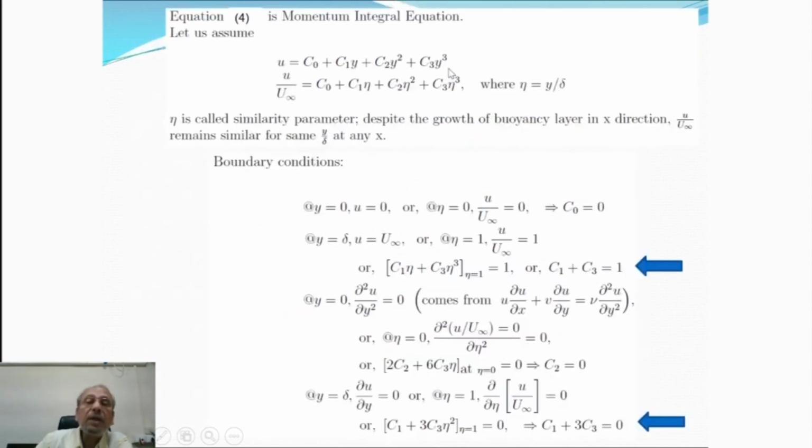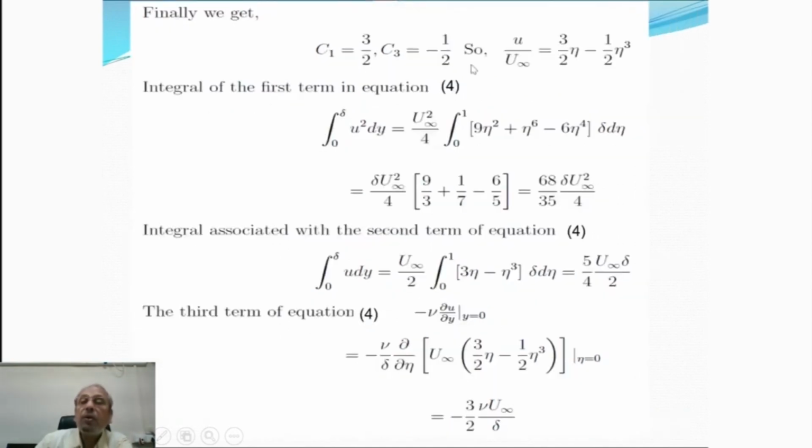So in our velocity profile u by u infinity, c0 is 0, c1 is 3 by 2, c2 is 0, and c3 is minus half. So it becomes u by u infinity equal to 3 by 2 eta minus half eta cube.